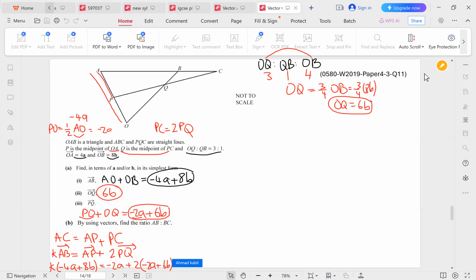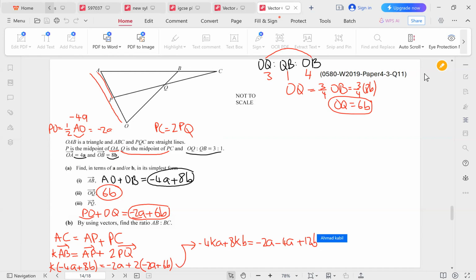So let's expand and simplify. On the left-hand side, we have negative 4KA plus 8KB equals negative 2A, I'm sorry, minus 4A plus 12B.